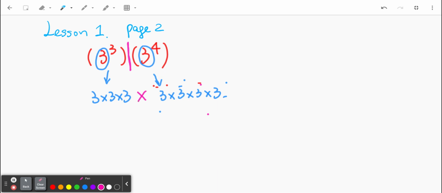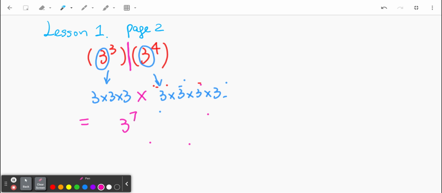So now, how many 3s are we multiplying each other, Fabian? 7. So how do you represent 7 3s multiplying each other with an exponent? 3 to the power what? Very good. 3 to the power 7. All right, so that is what we're learning today.